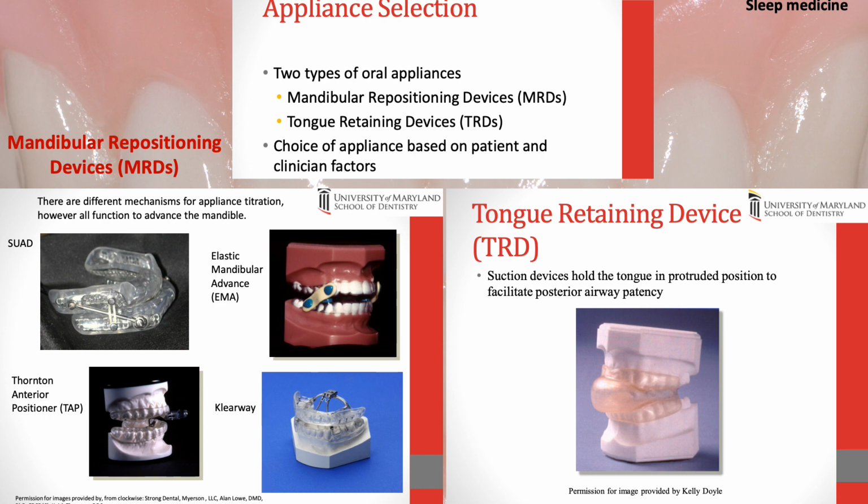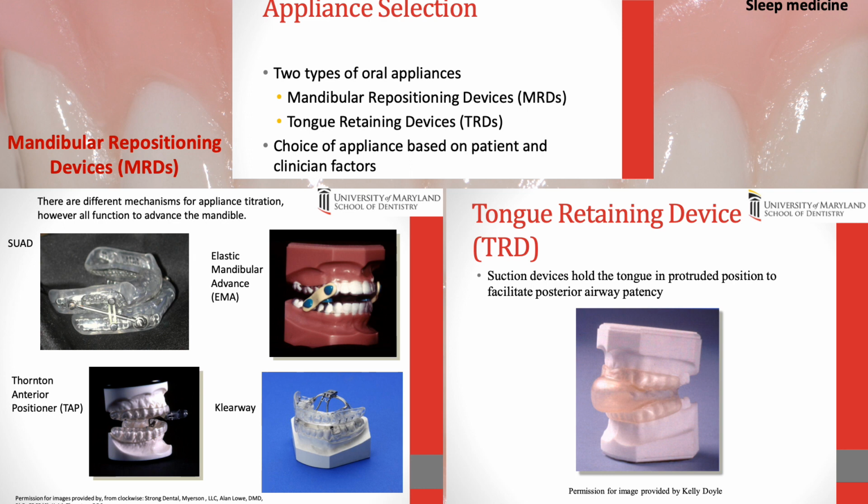And I picked these because, again, as a prosthodontist, I'm always looking at designs of devices. He talked about mandibular repositioning devices because all of them may look different, but they all have the same goal, which is to try to advance the mandible.